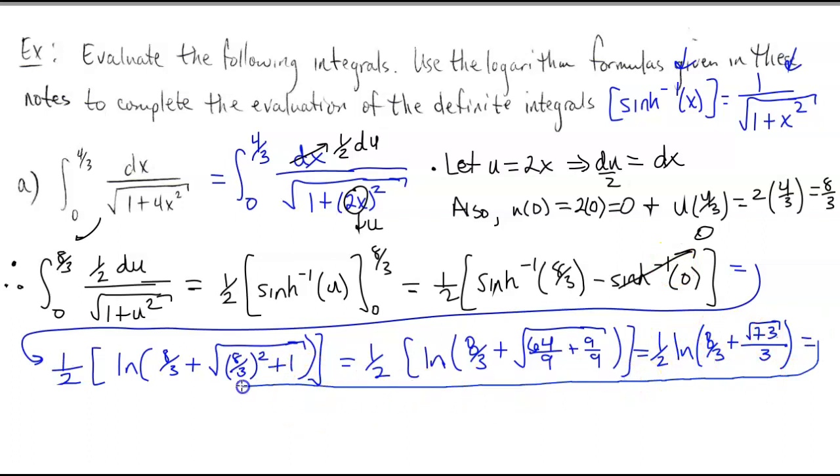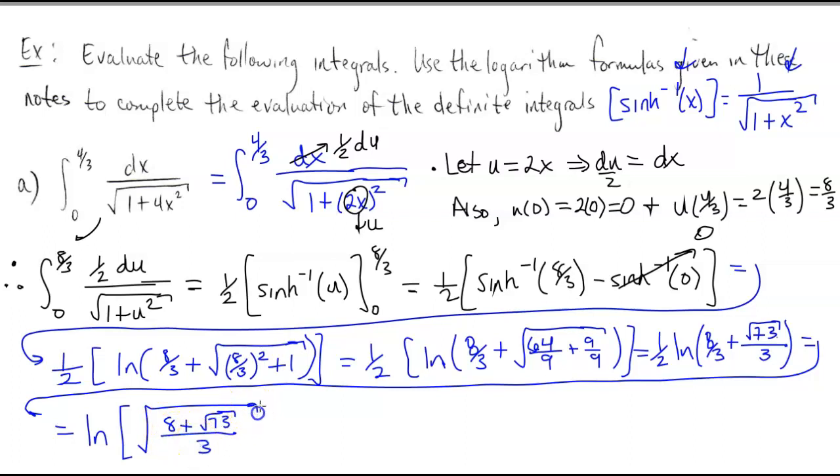And so then, since the denominators are the same, and we have this 1/2 out here, we could really rewrite this as natural log of square root of 8 plus square root of 73, all that divided by 3. And that will be our final answer in a nice compact form.